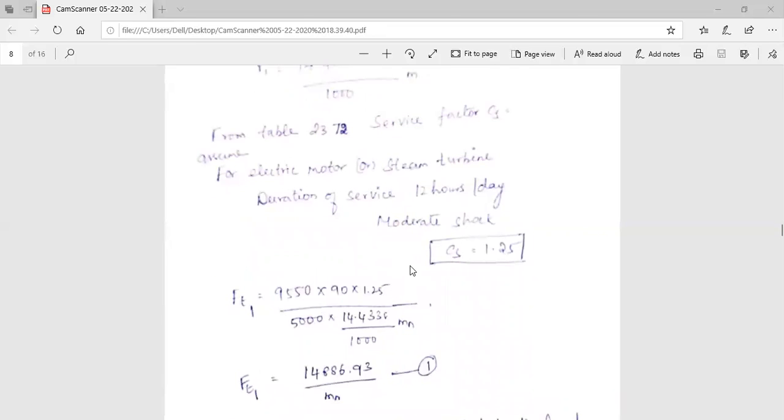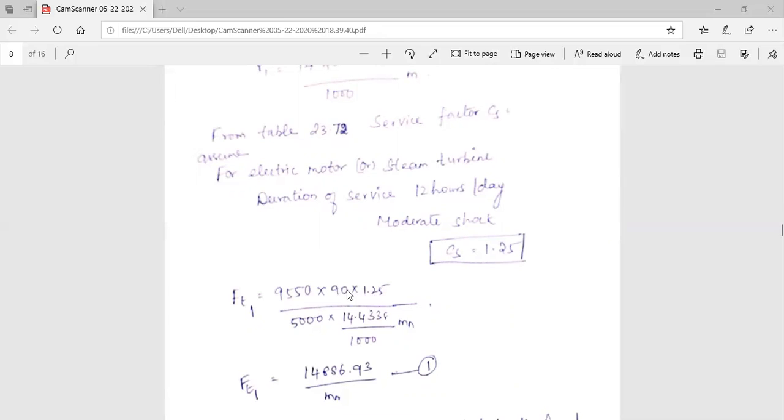So all the data are available to substitute in Ft, the tangential tooth load. Ft1, because we design based on the pinion only, that's why I put 1. Ft1 is equal to 9550, power is 90 kilowatt.